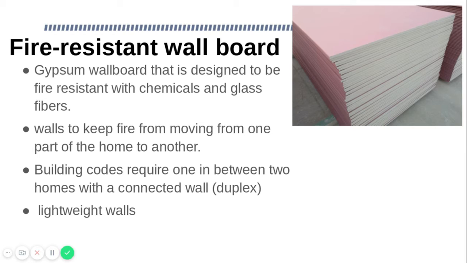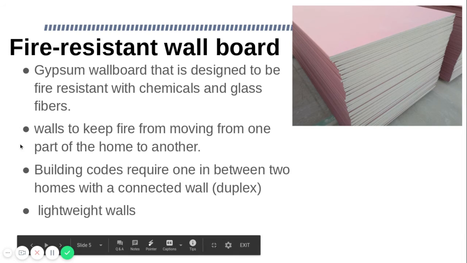So if you had this type of wallboard or drywall between two rooms in your house, if your house happened to catch on fire, then in theory, the fire would be contained in that one room where it started and would not spread to the other parts of the home, because this type of wallboard would stop it. It is more expensive, but it's not going to be crazy expensive. So in a way, in theory, if you built your whole house out of fire-resistant wallboard, it could potentially save your house from burning down one day if it ever caught fire. So that might be something to consider one day.